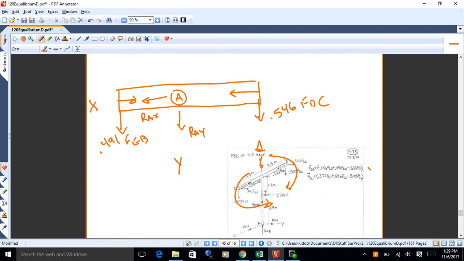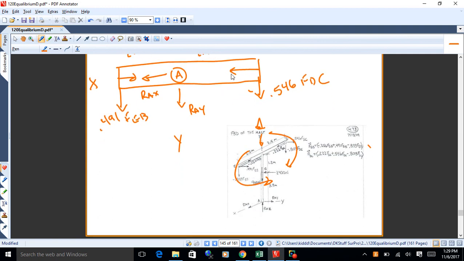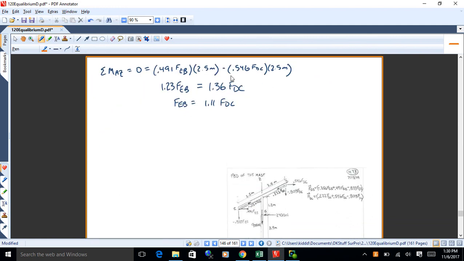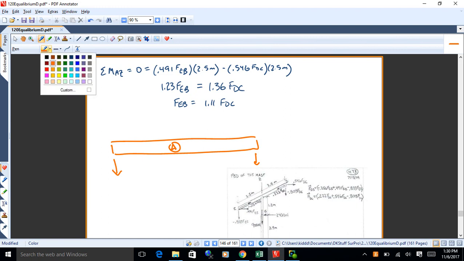Okay? So I can write up a little moment equation, and in both cases the moment arms are 2.5 meters, and then I can equate EB to DC. So what I'm dealing with essentially is just that right there.